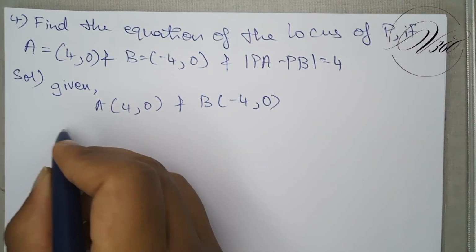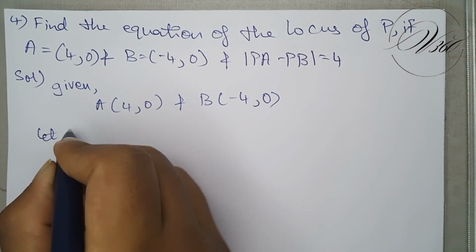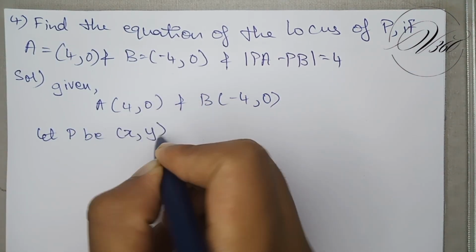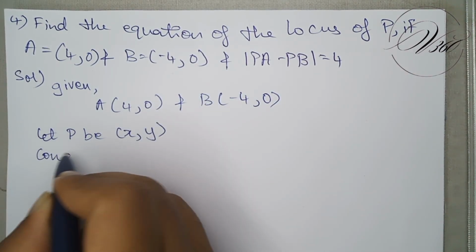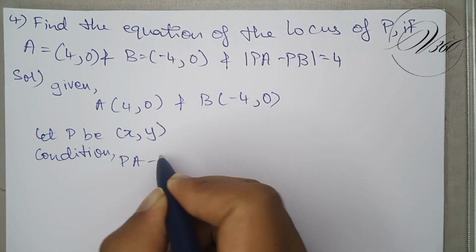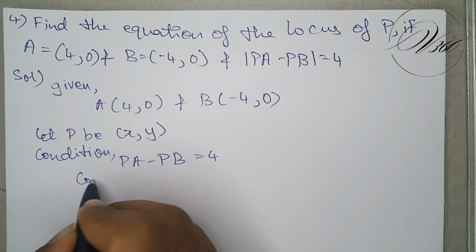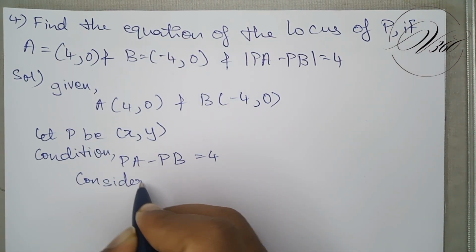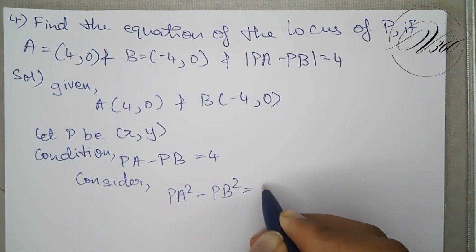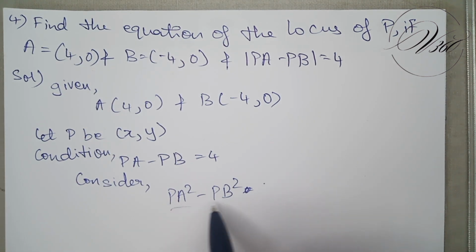Okay, now here the condition we have got. Before writing the condition, let us take a point P. Let P be x comma y. Alright, now here the condition is nothing but PA minus PB is equal to 4. Okay, let us consider here PA square minus PB square is equal to.